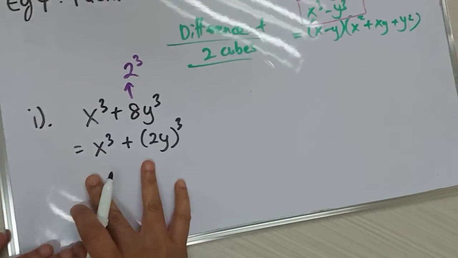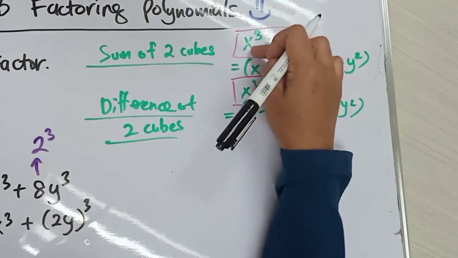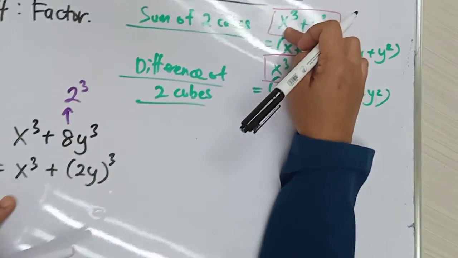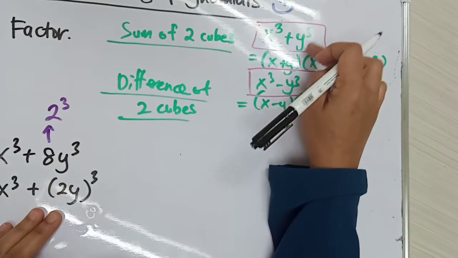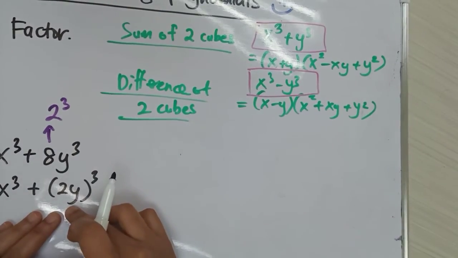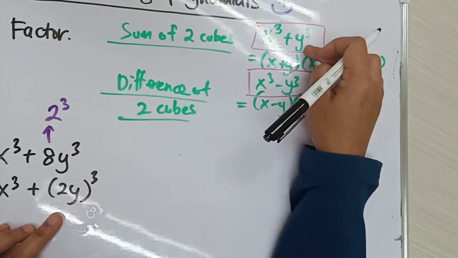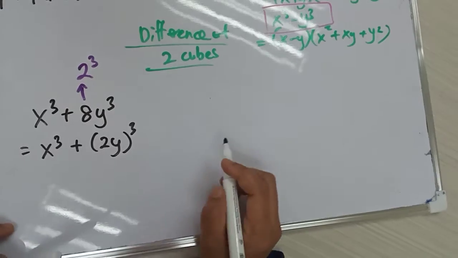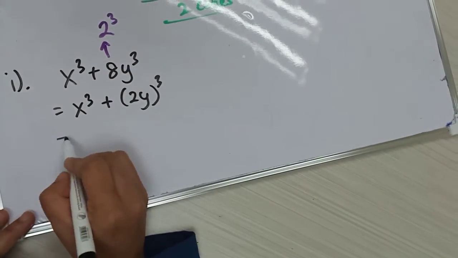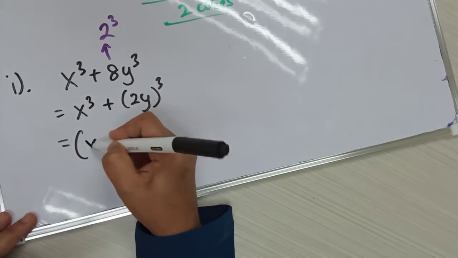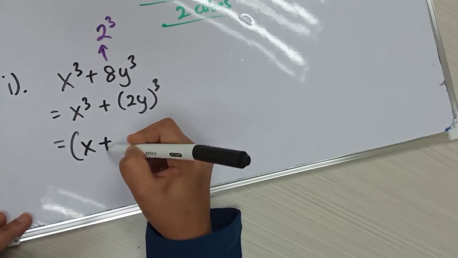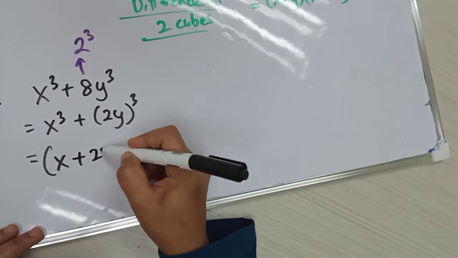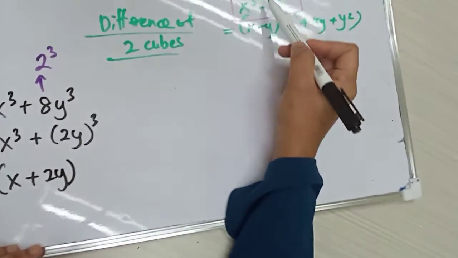Okay, then you already get the form like this, x cubed plus y cubed. Now there will be 2y, with y here replaced by 2y. So to put it in the formula, it will be x plus 2y. Remember, x plus y.